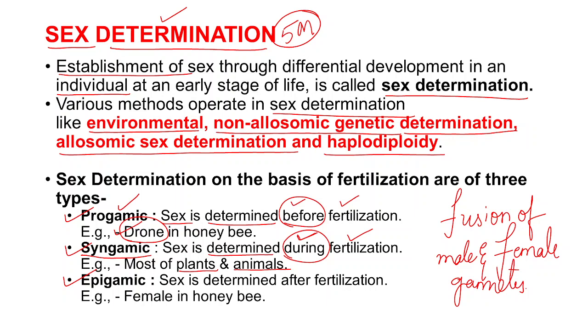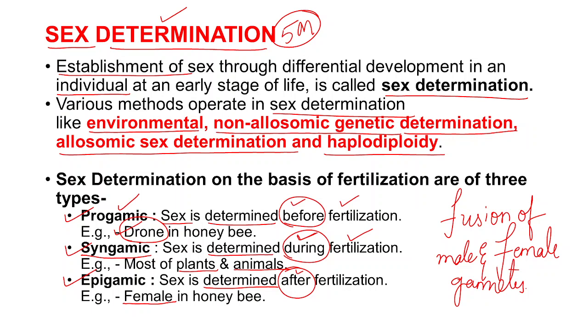Epigamic sex determination is determination of sex after the fertilization. Very important point here: the sex of the individual will be determined after the fusion of male and female gamete. Example, females in case of honeybees.